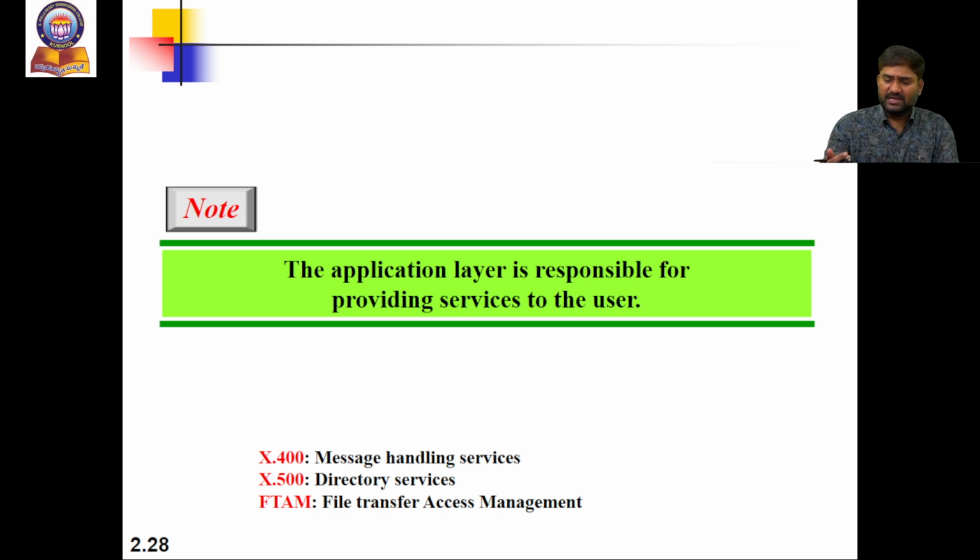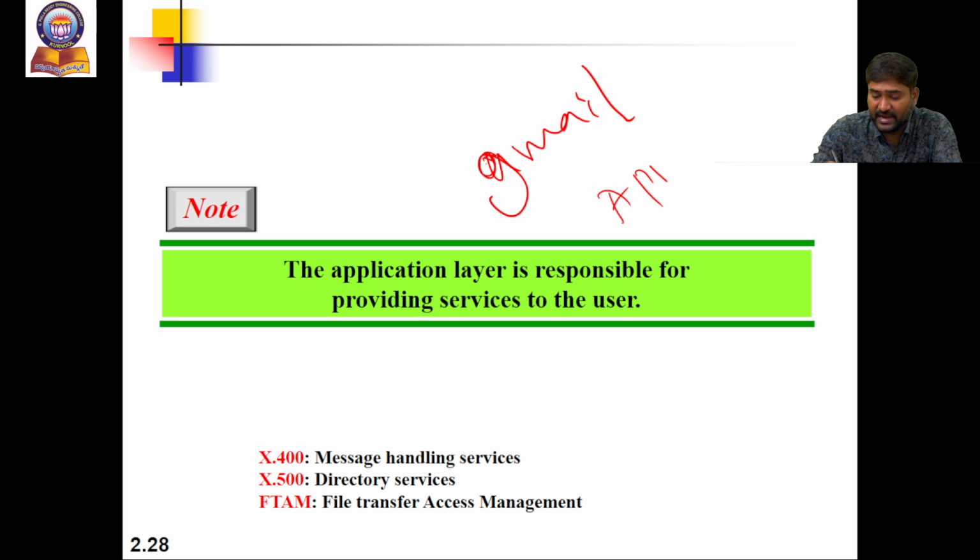I am the user, using one application like Gmail in my system. How was this Gmail application opened for the user? To open this Gmail application, the application layer is responsible for this process.